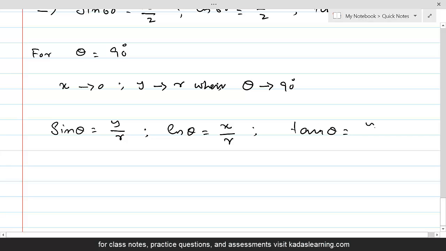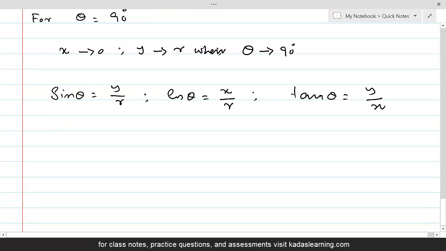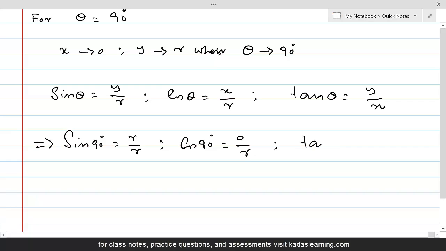which was equal to Y over X, will now become sine 90 degree equal to R over R, cos 90 degree equal to 0 over R, and tan 90 degree equal to R over 0.